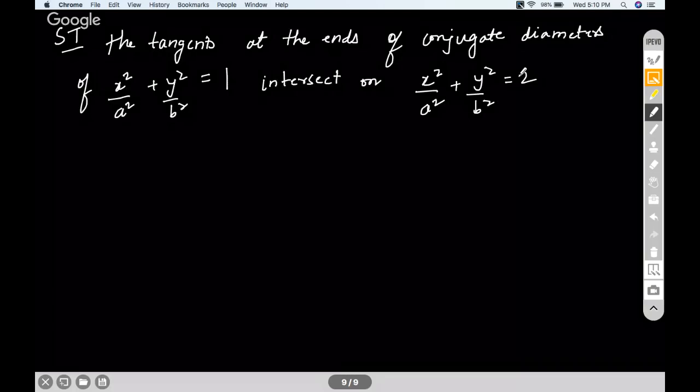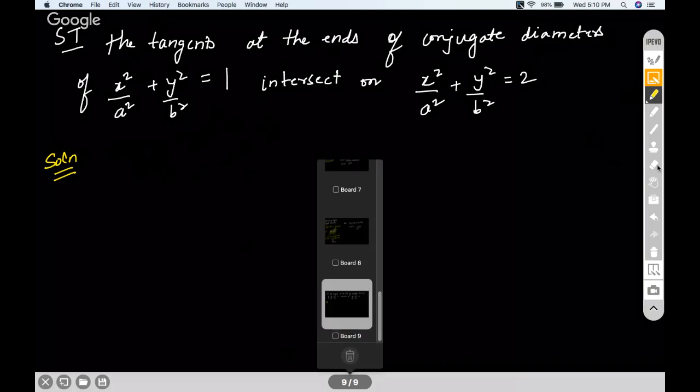Is that done? So guys, this concept is quite easy. Let's say you want to draw the tangent at, okay, let me draw it here itself.